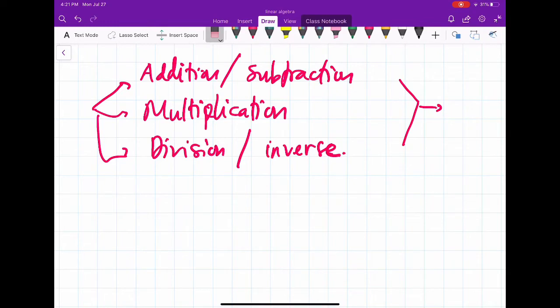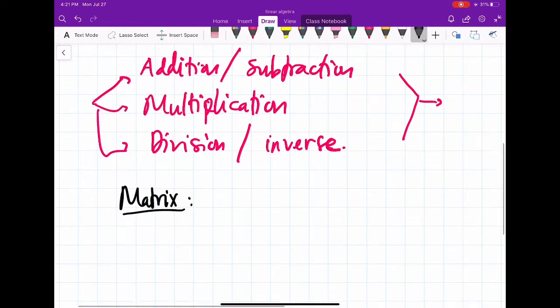Alright, so before we move to operations, let's talk about the definition of a matrix, okay? So what is a matrix? A matrix is just an array of numbers.